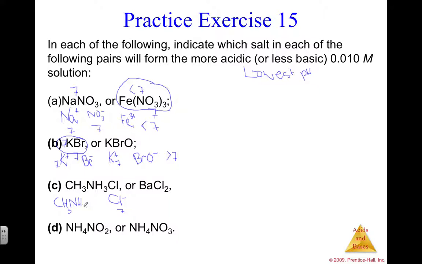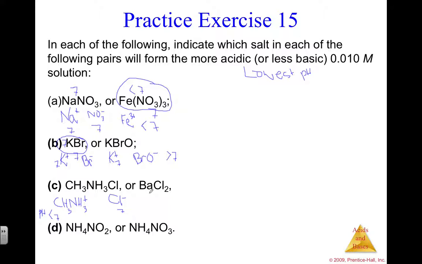And because Cl is -1, this must be +1. It's not the cation of a soluble metal hydroxide, so it must be a cation that is the conjugate acid of a weak base, which it is. So it's a weak acid, so its pH is going to be acidic, or less than 7.